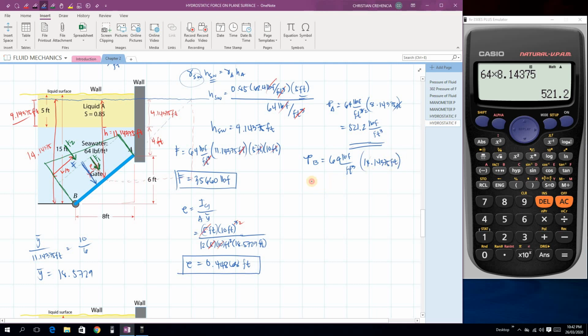Okay. So, yung pressure sa point B is equal to 64 times 14.14375. So, we have 905.2 pound force per square foot. So, tama? Okay.